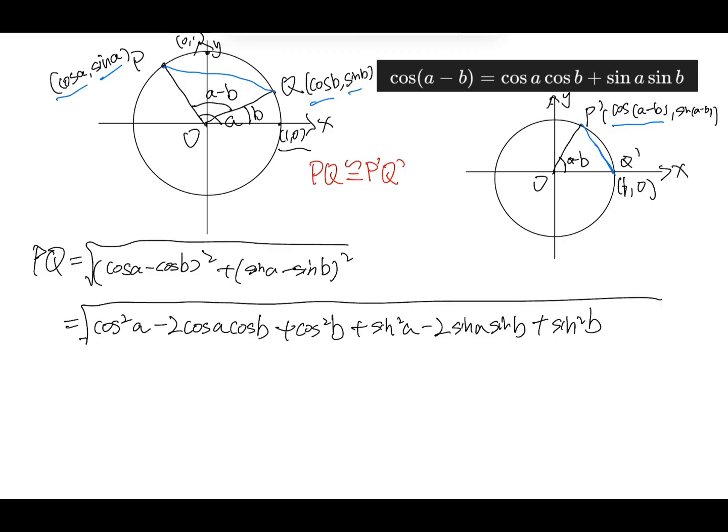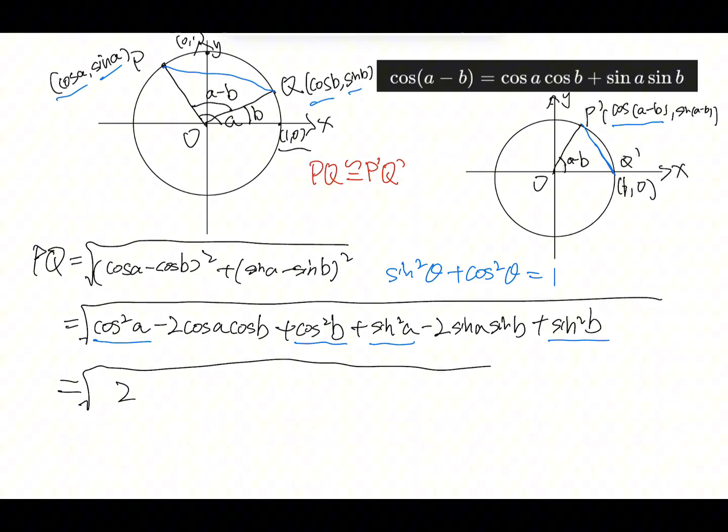You can look at these square terms, cosine squared A, cosine squared B, sine squared A, and sine squared B. And you can remember that sine squared theta plus cosine squared theta actually just equals 1. Really easy, right? So you can see here, you have two pairs, sine squared A plus cosine squared A, sine squared B plus cosine squared B. And this equals, because there are two pairs, so you have 2. This equals 2 minus 2 cosine A cosine B minus 2 sine A sine B. We're pretty much done for this one.